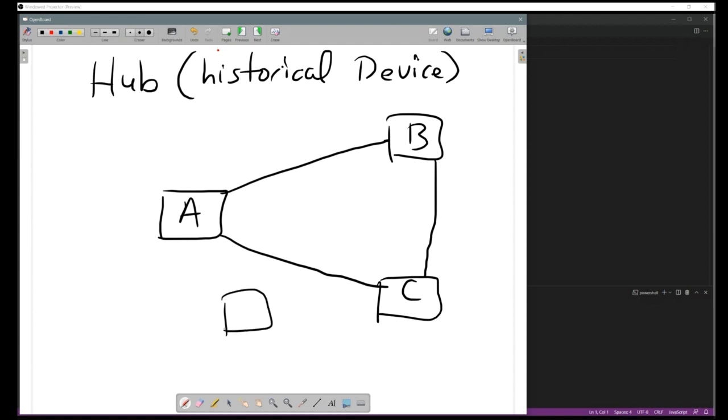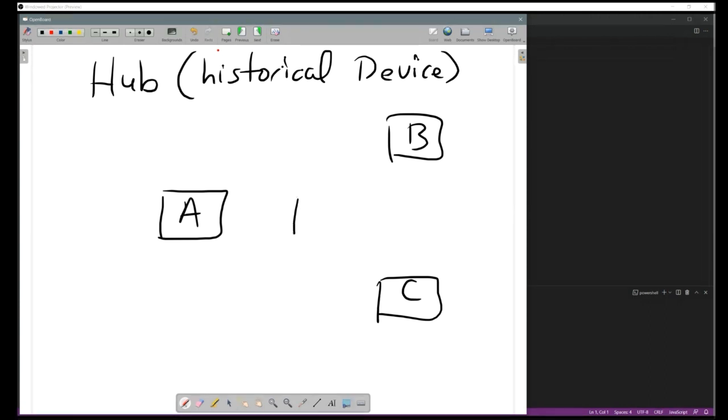But if I add another computer over here, then you can see that we're essentially exponentially growing the number of cables that we need every time we add a device to our network. So not the best solution.